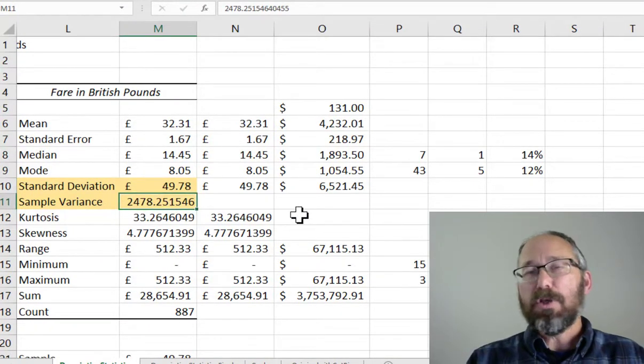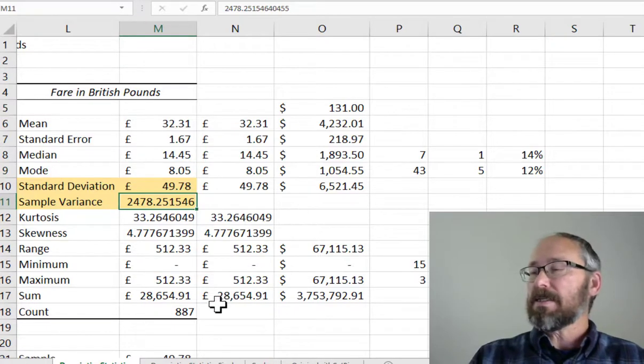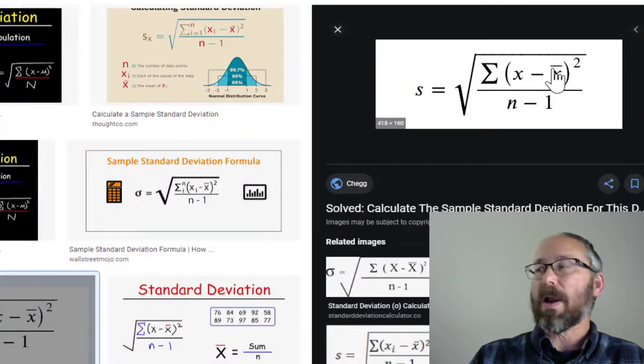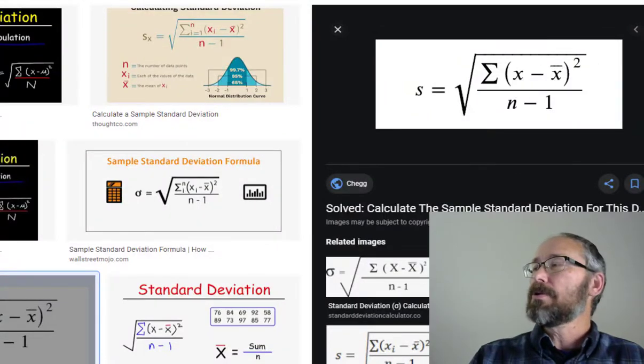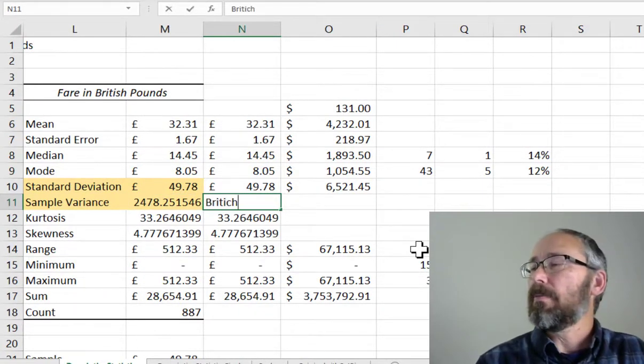and the units are not our pounds. It's actually whatever unit we're using, squared. Because of the aspect in this formula, because we're squaring this here, and we haven't yet taken a square root. So this is actually British pounds squared.